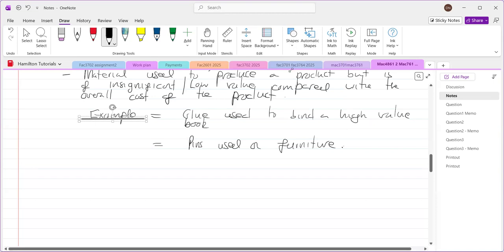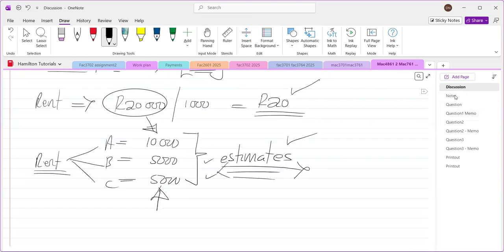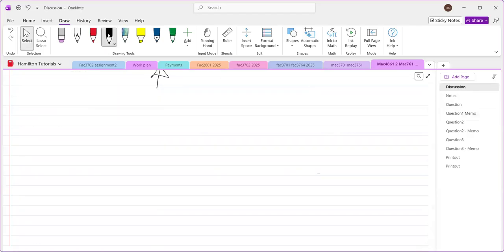So what happens now is very simple. Let's say you are manufacturing those textbooks. Maybe the overall value of the textbook is 5,000 Rand. So that's the overall value.